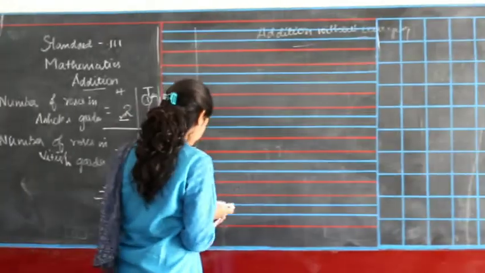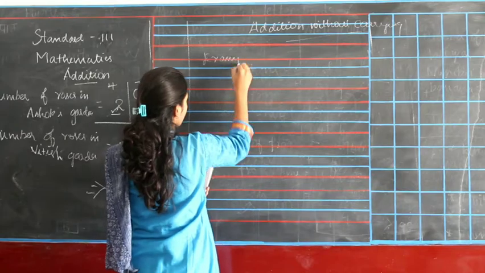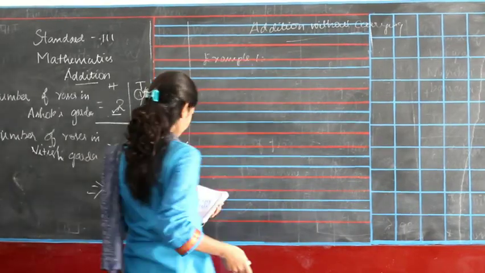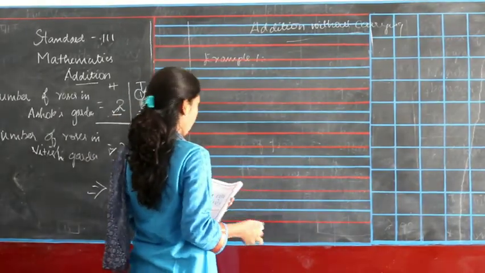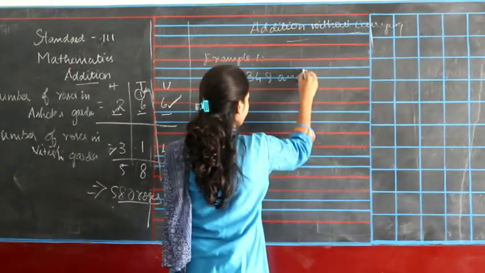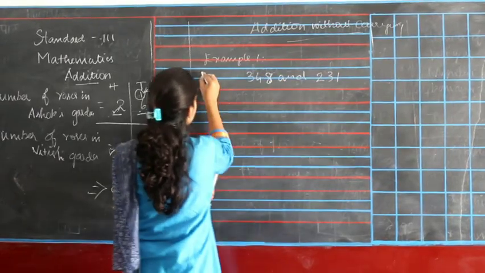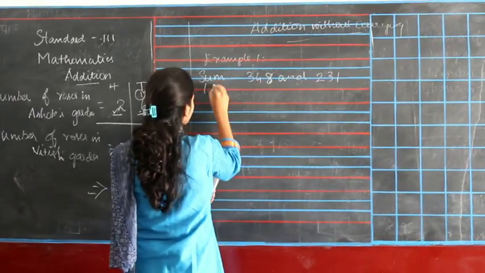Now let's say we'll solve example 1. What is the sum of 348 and 231? Sum means addition.